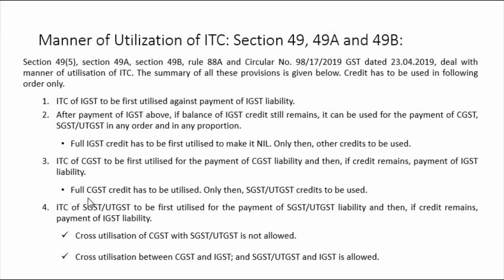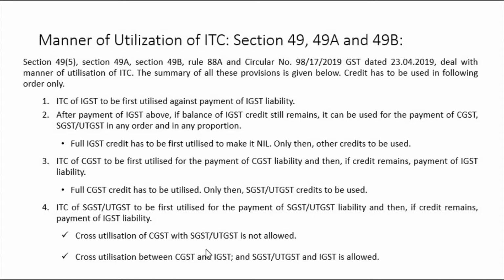If some CGST money is left, we will use it for SGST, that will not work, right? Similarly, ITC of SGST or UTGST is to be first utilized for the payment of SGST or UTGST, and then if credit remains, you utilize it for IGST liability.